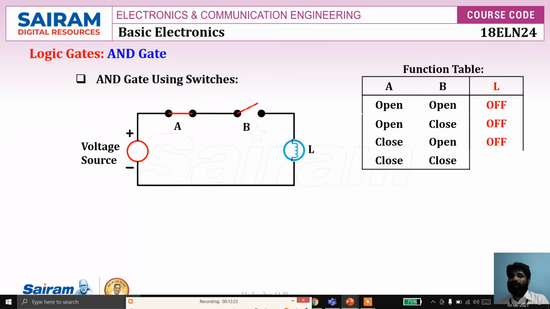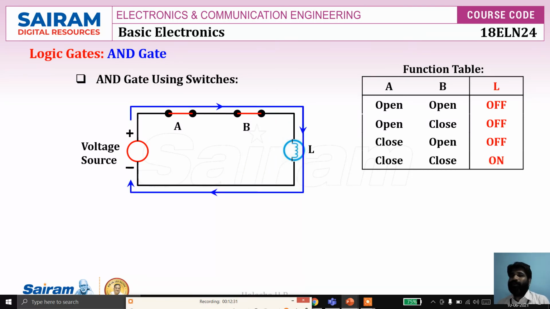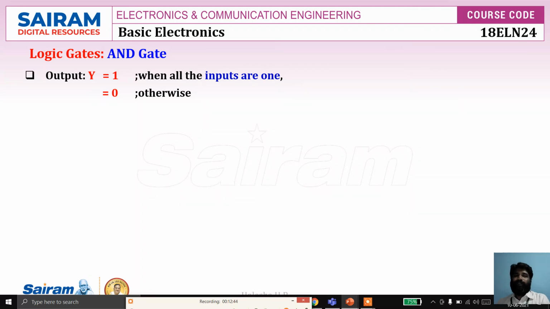When both are closed, there exists a closed path, so current will flow and the lamp will be on. So if both are 1, 1, output is 1. If any one is 0, output is 0. Clear now? Fine. So this is the function of the AND gate.